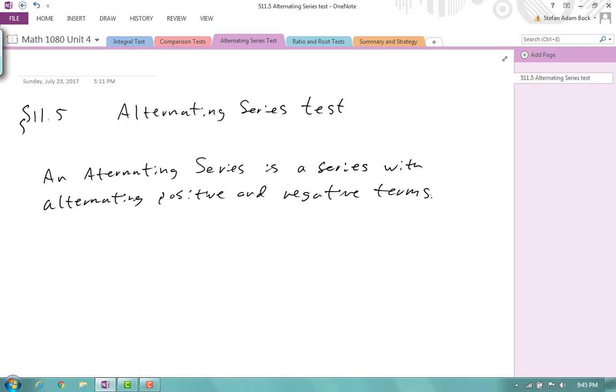So an alternating series is a series which simply has alternating positive or negative terms.